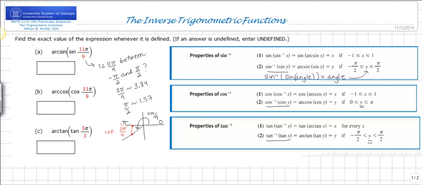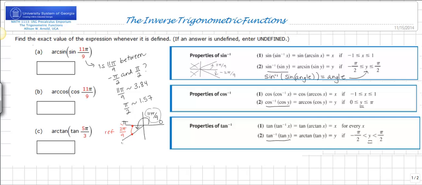Now let's think about this. If that's our reference angle, and all we can do with inverse sine is choose the first quadrant measured positively, or the fourth quadrant, same reference angle, measured negatively, then we would have to pick the quadrant where the trig function value was the same as that of 11 pi over 9.